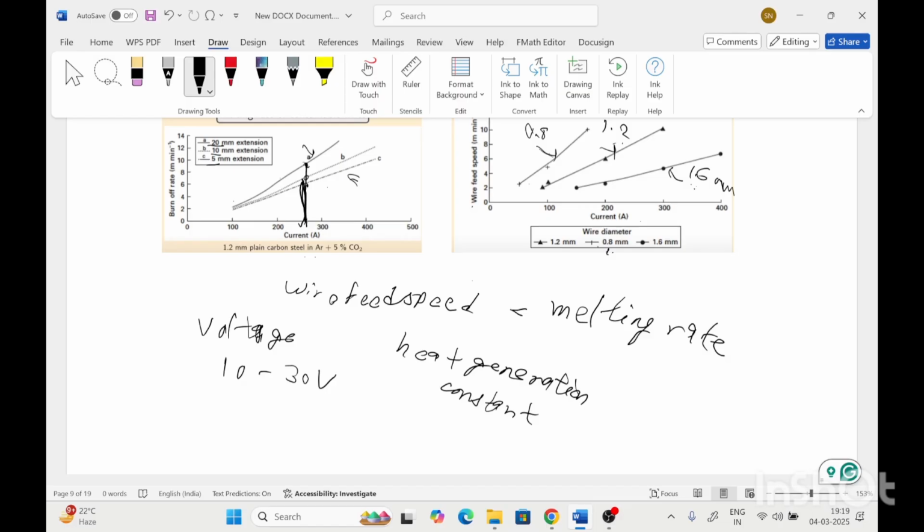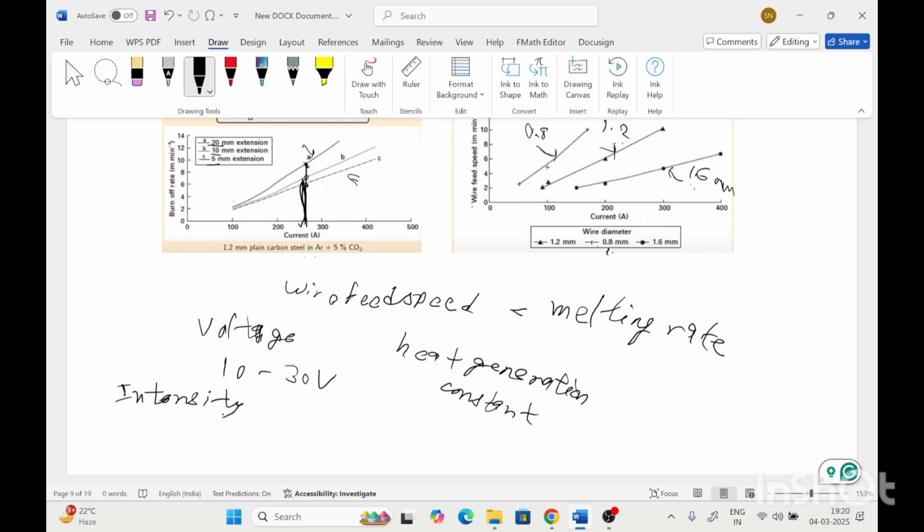In an unstable arc, for some period the arc will be very high, and for some period the arc intensity will be very low. As the voltage increases, the arc intensity will change abruptly in the welding.